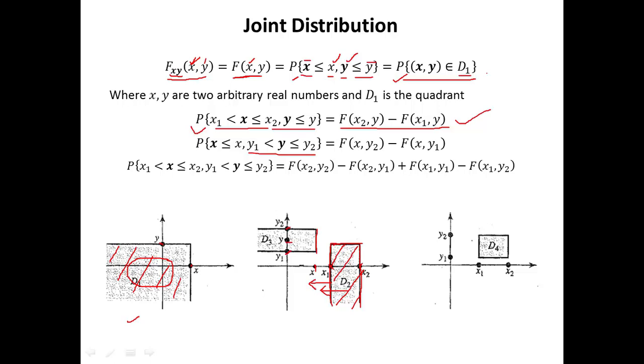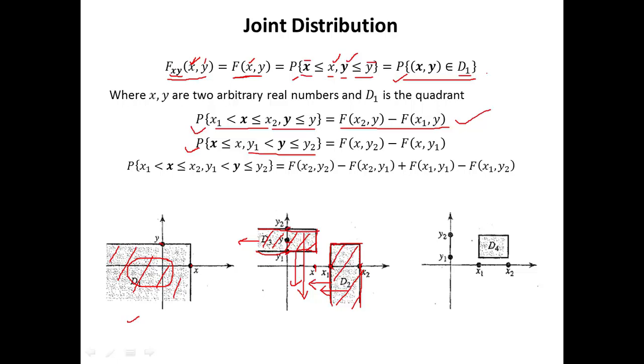So F(x, y2) means below this line up to minus infinity, and F(x, y1) means below this line up to minus infinity, and this goes up to minus infinity also in this direction. So their difference is this shaded area, which represents the region of interest for calculation of this probability.